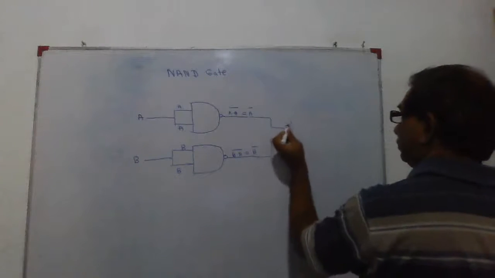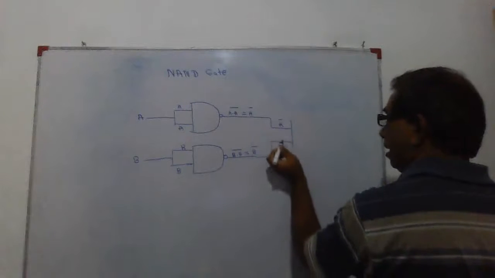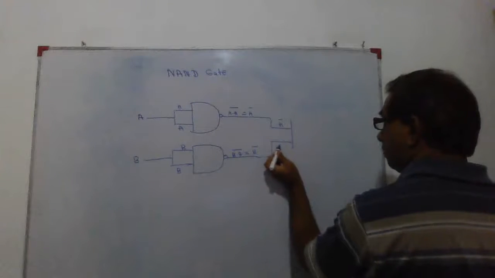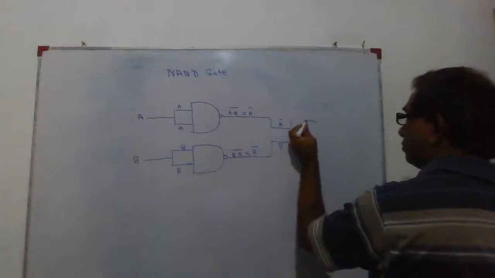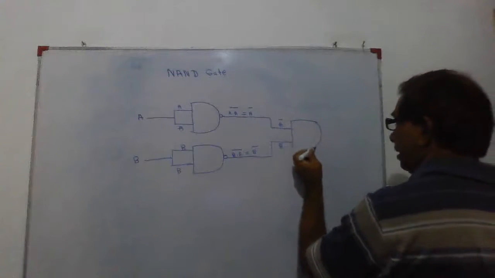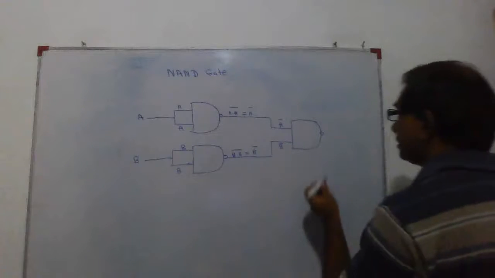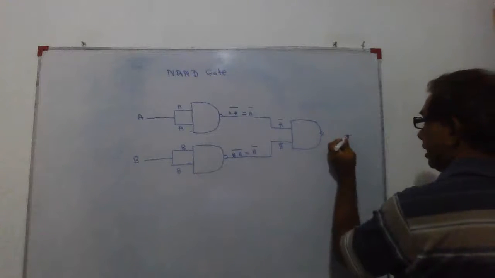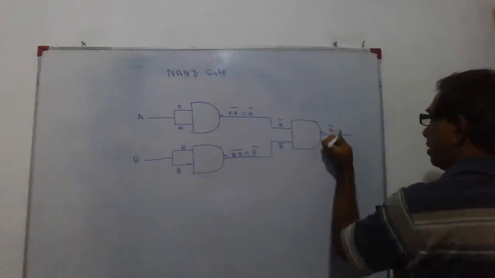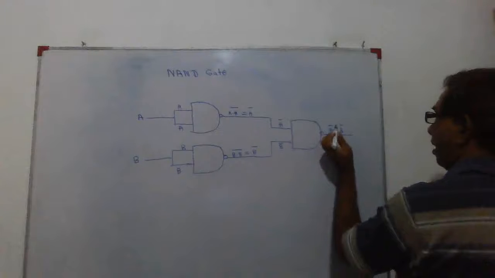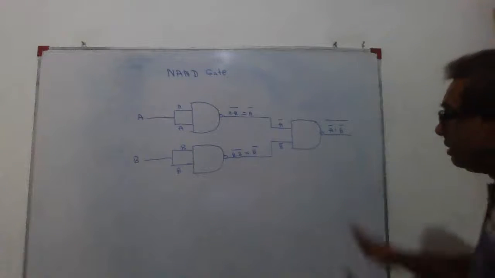Now we have A bar here and B bar from this gate, and they come to another NAND gate. Now this gate says, this is an AND gate, so A bar and B bar, full dash. This is the circuit.